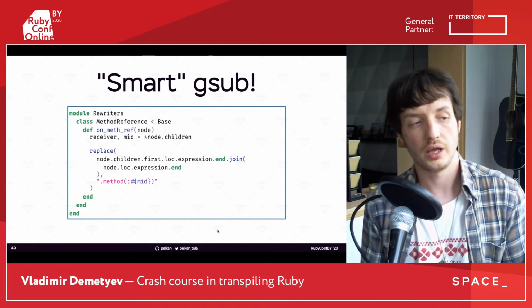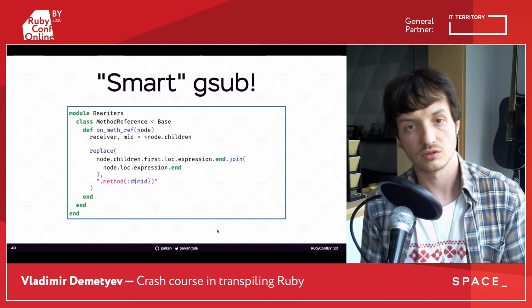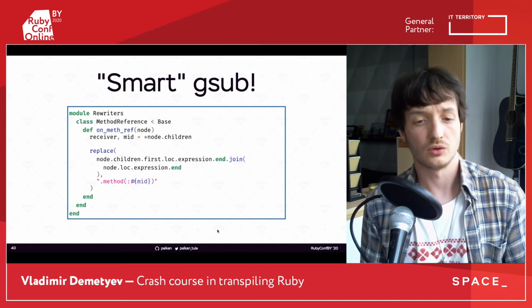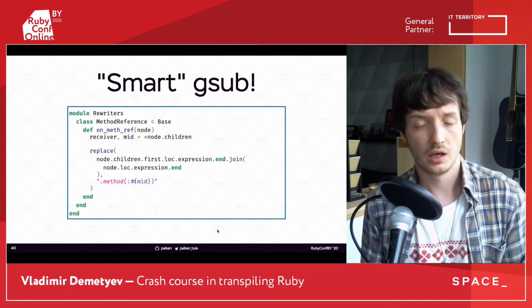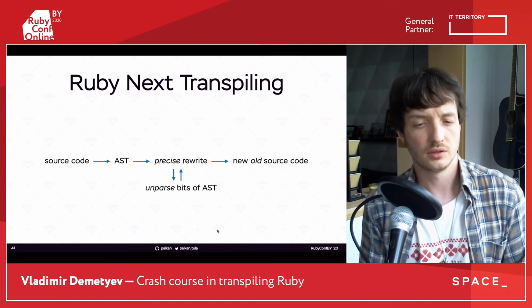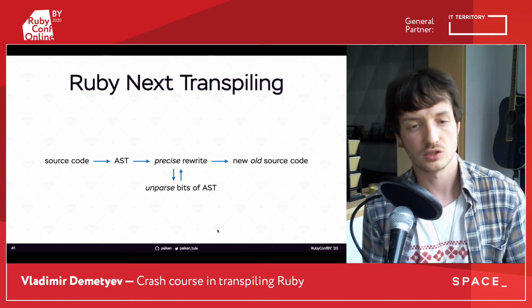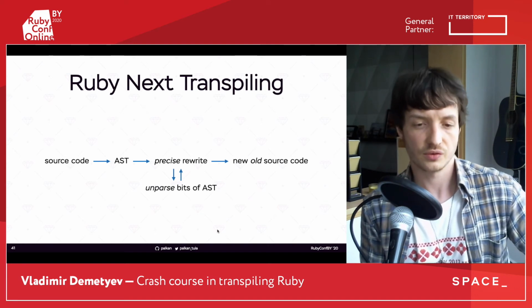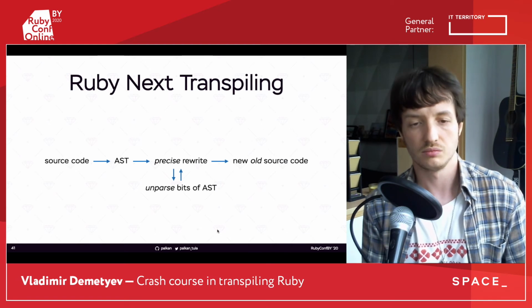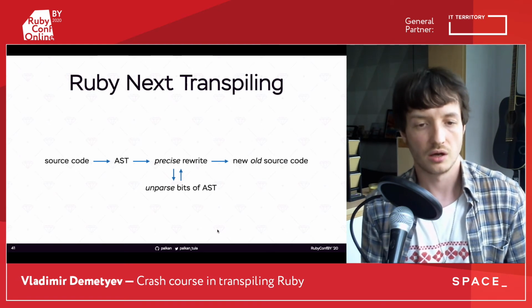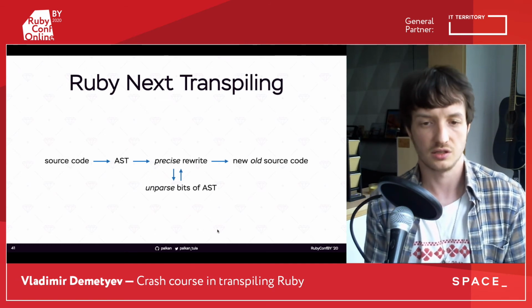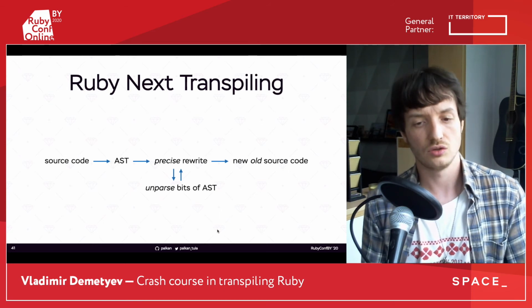And that's how we can make the resulting transpiled code look more like an original one. So in the end, we have the following pipeline. We have an AST. We use this AST to apply in-place rewriting. Sometimes we also use Unparser to generate parts of these replacements, because there could be some tricky syntax constructions we cannot just rewrite using strings. We better use AST and generate a valid Ruby code. And that's a new source code.